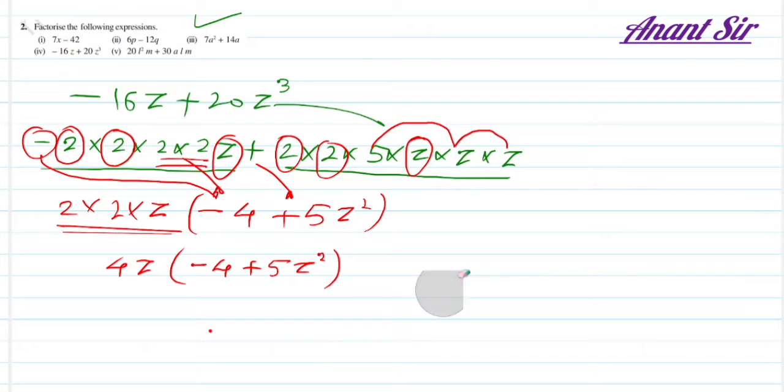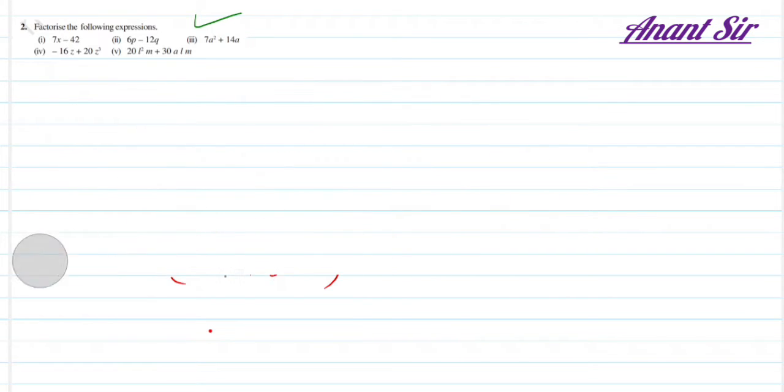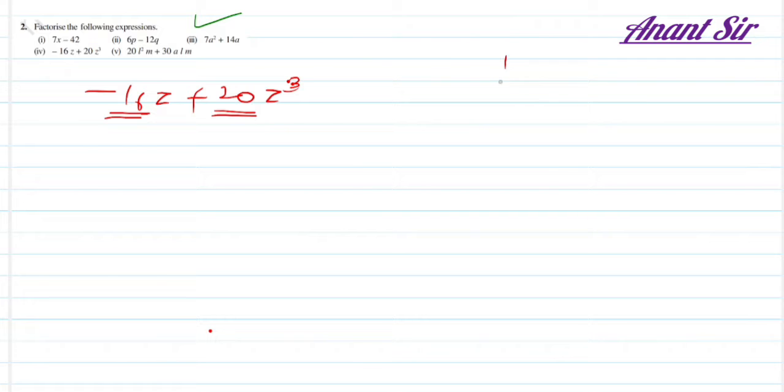But you can solve it more easily by using the greatest table. Greatest table means here we found the prime factors, but instead of that, just think by which greatest number can I divide both 16 and 20? I can divide 16 and 20 by 1, 2 and 4, both the numbers.